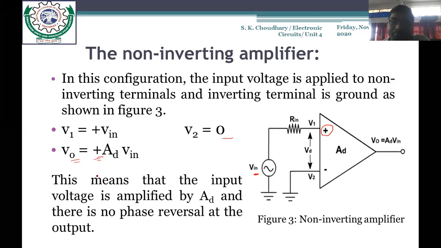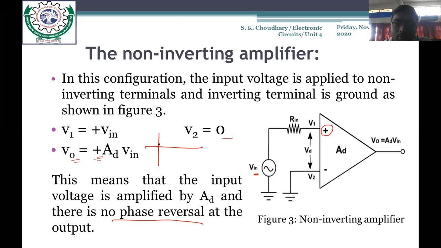And this is positive. The output voltage here is positive. That's why it is called a non-inverting amplifier. This means the input voltage is amplified by the amount of Ad, the open loop gain, but there is no phase reversal, meaning it is in the same phase as the input signal. So in this case, what happens?